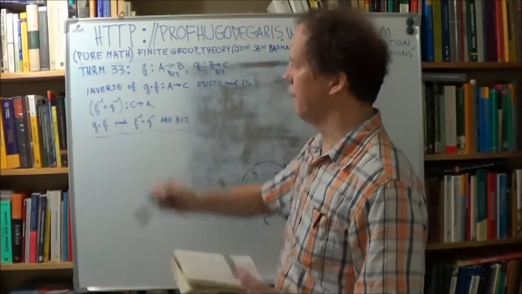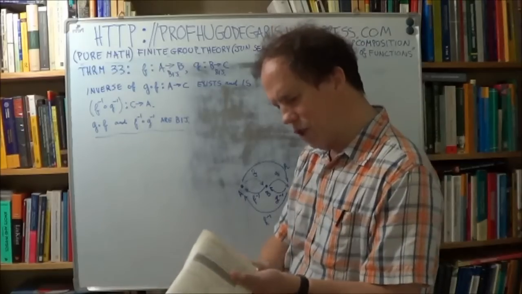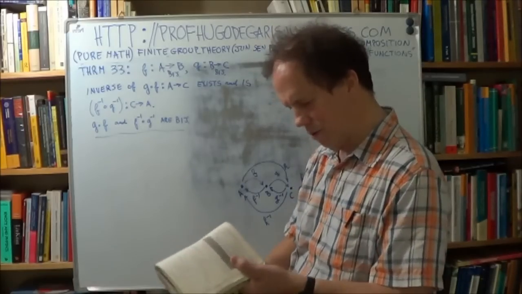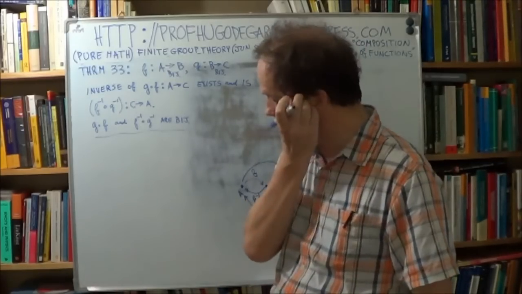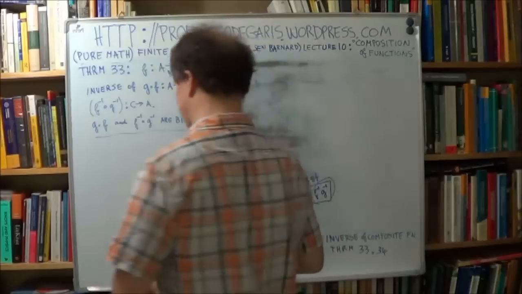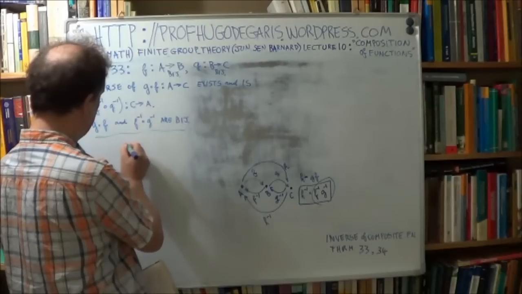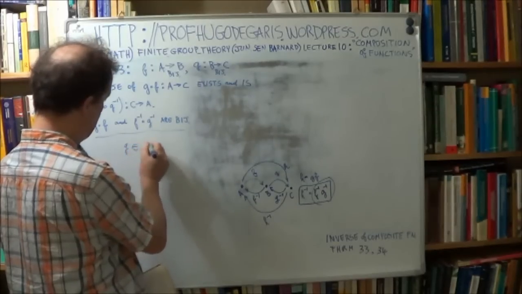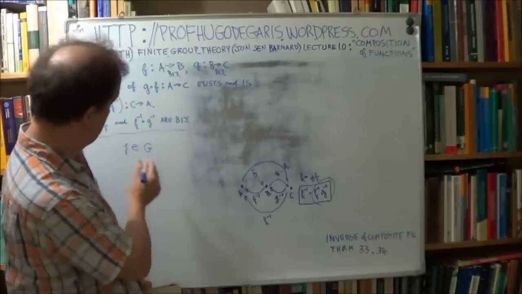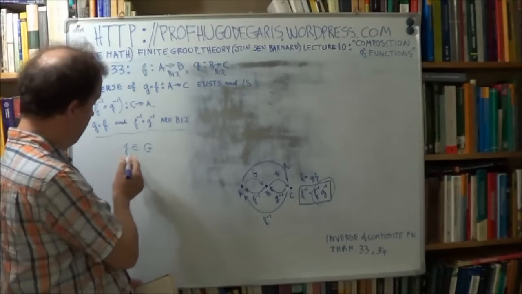Right? All right. Well, by analogy, let's go back to groups and elements. Now, let's say little g belongs to big G. So big G here's a group. Okay.